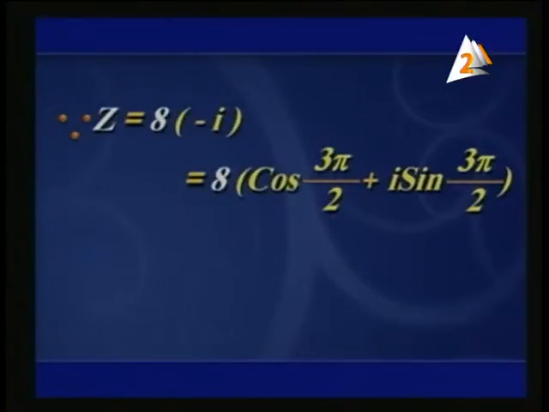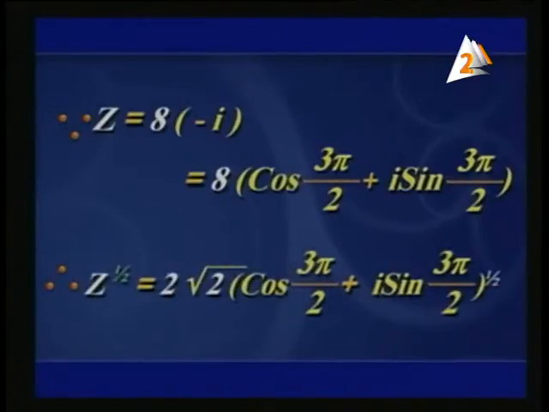z equals 8 times negative i equals 8 (cosine 3 pi over 2 plus i sine 3 pi over 2).